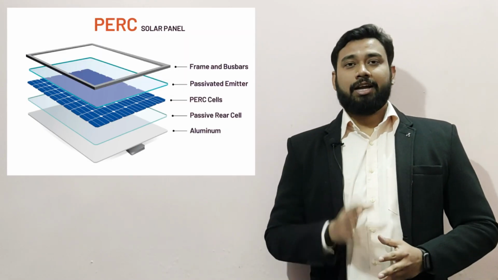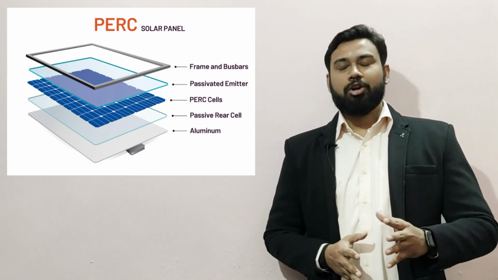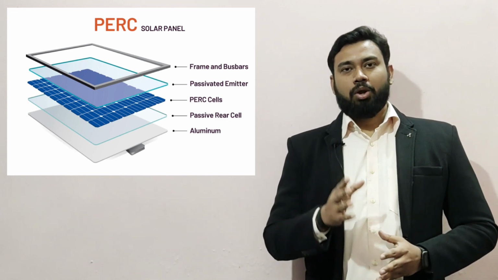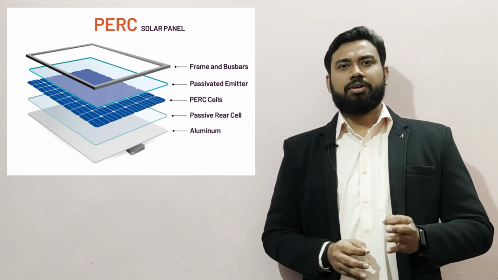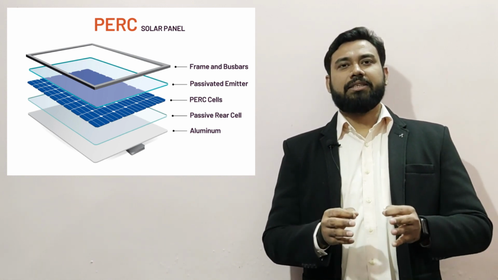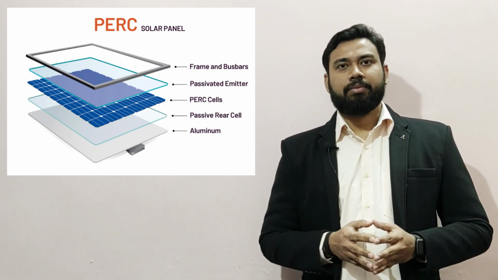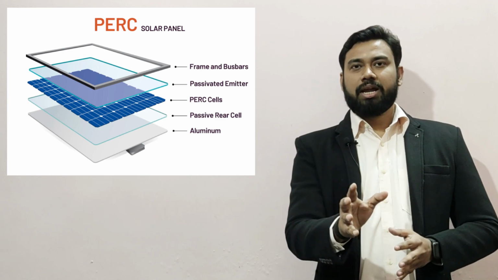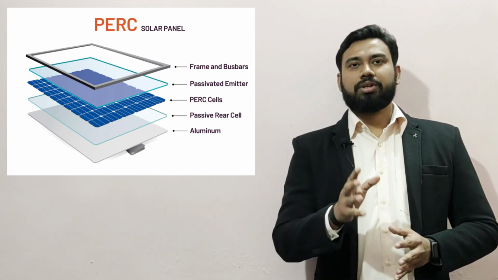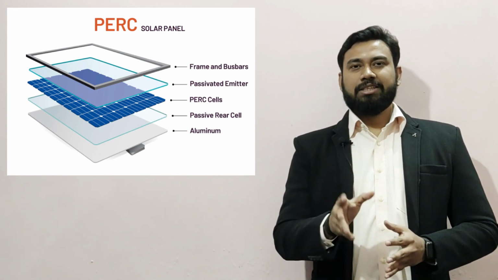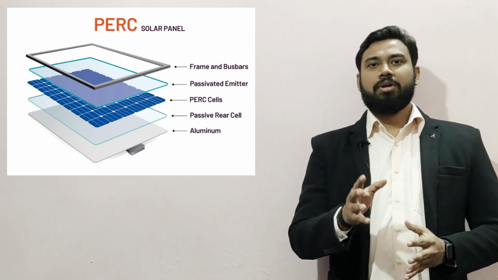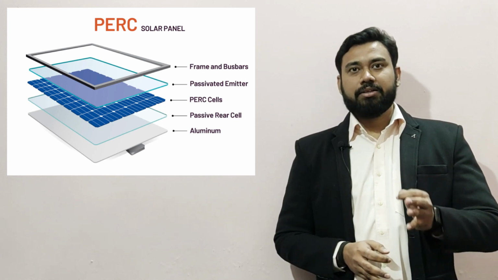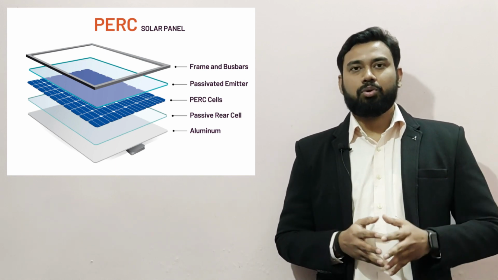Next I would like you to know about the technology called PERC technology, which is passive emitter and rear cell, or passive emitter and rear contact. This technology is currently in use in both polycrystalline and monocrystalline solar cells. These solar cells are made up of the same conventional silicon wafer on the top side for absorbing the incident photons.